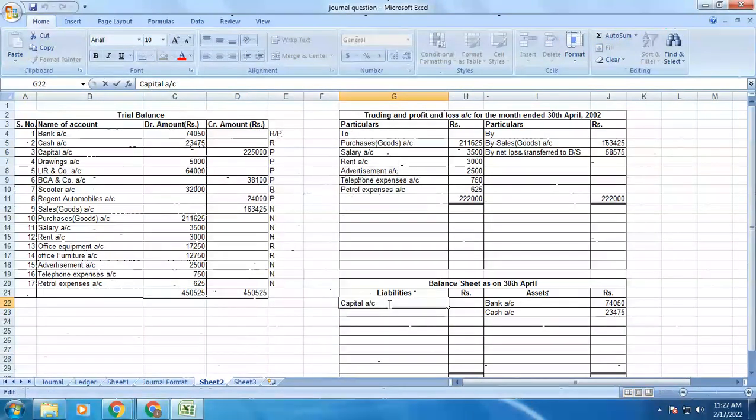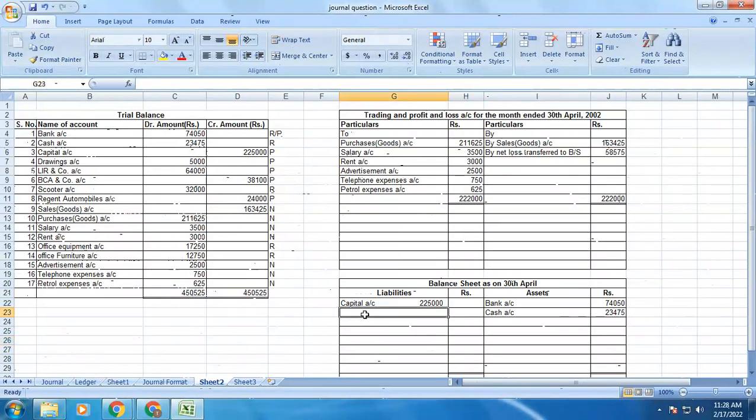Now in the capital account, I'm going to make certain adjustments. So first of all, I'm going to write down 2,25,000, the value of capital, in what is known as the inner column. इसको inner column बोलते हैं. हम इसको final amounts में नहीं लिखेंगे, हम उसको particulars या जो अंदर का details वाला column होता है उसमें लिख के उसमें कुछ adjustments करेंगे, and then we are going to write the final amount in the rupee column.